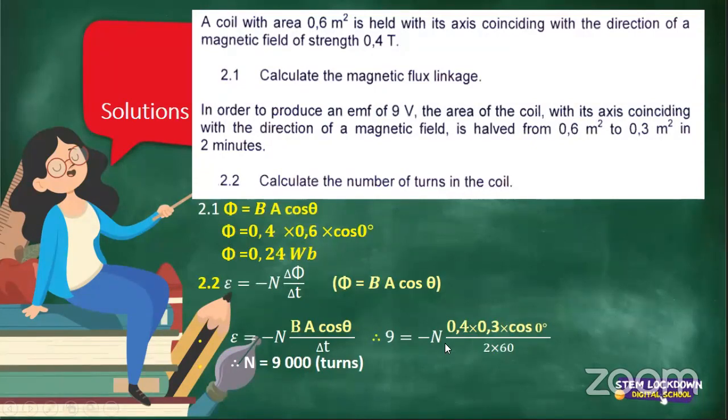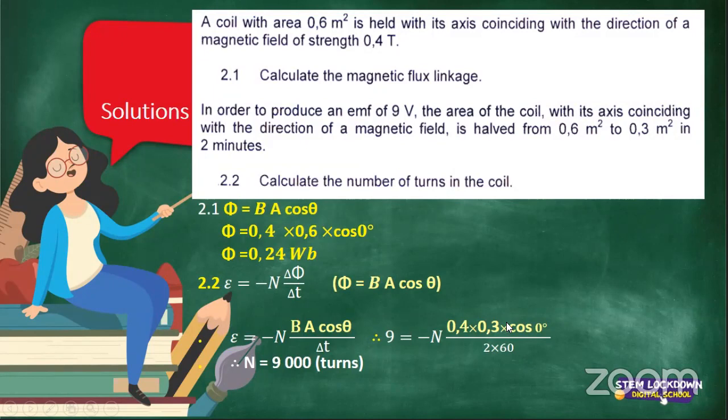So that is why we have said this will remain the same. The magnetic field strength will remain the same, but what is changing is the area. The area is changing from 0.6 to 0.3, so that difference is 0.3.